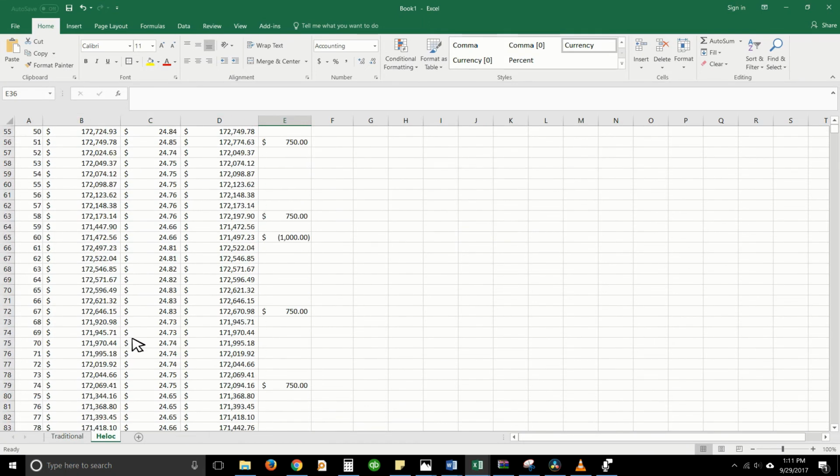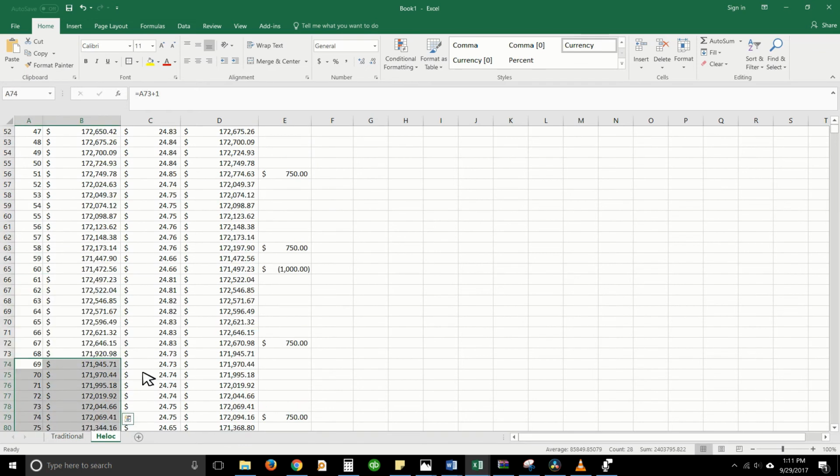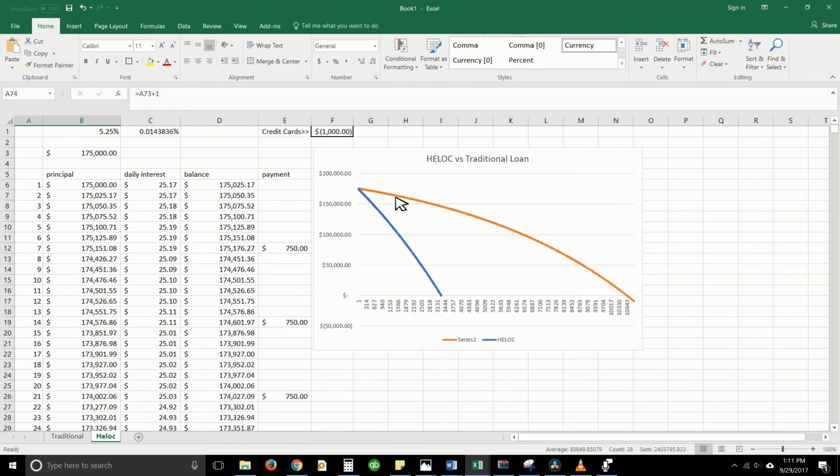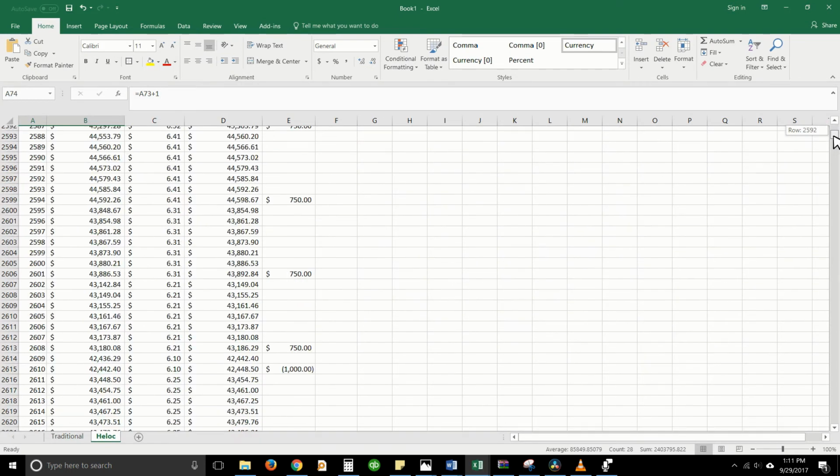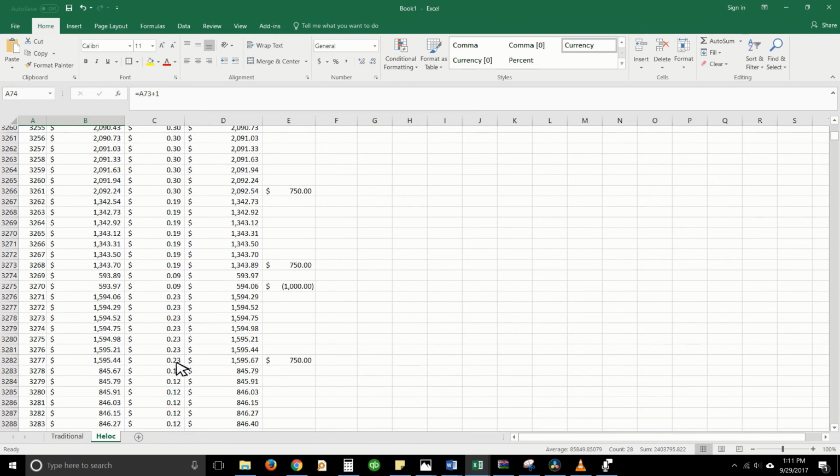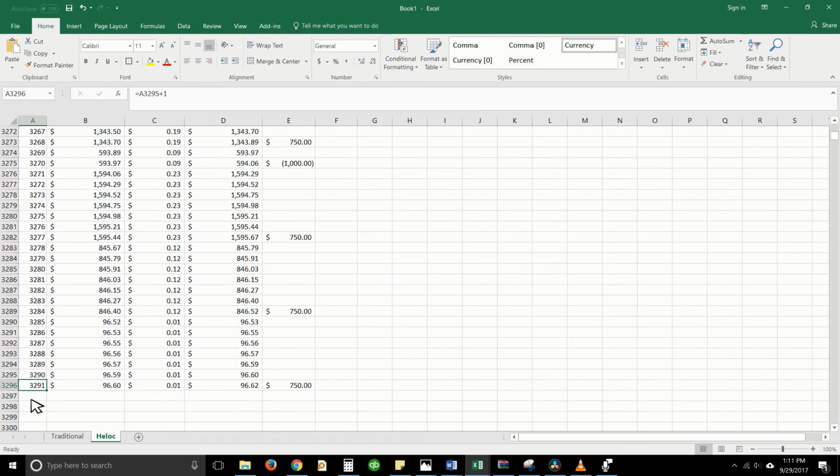And you'll see here these are days, again, just like the traditional loan. The blue line represents how fast it gets paid off. So you can see it takes 3,291 days to pay off the loan at 5.25% with $750 being paid every week, as well as paying your credit cards of an estimated amount of $1,000.